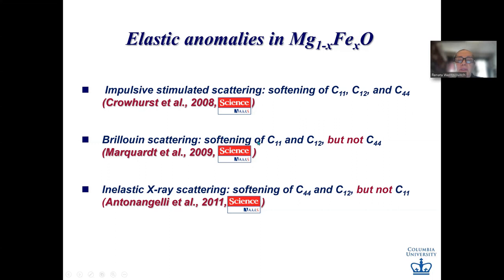Brillouin scattering said yes in C11 and C12, but not in C44. And then inelastic X-ray scattering said there is softening in C44 and C12, but not C11. This is very difficult to measure, and this is all room temperature at high pressures. Measurement of elastic coefficients at high pressures is tough.